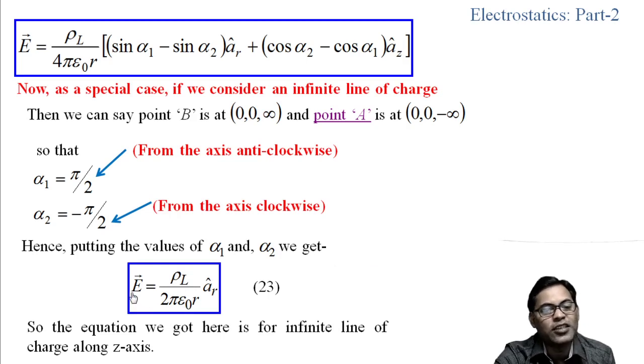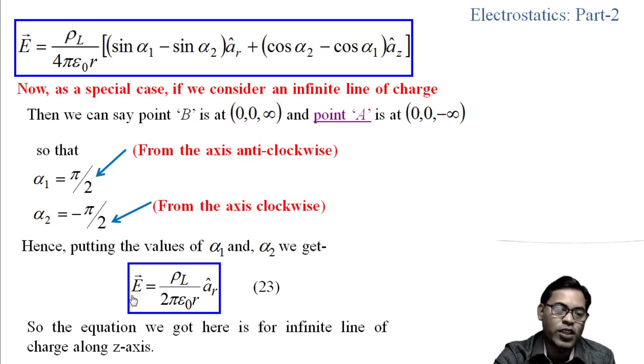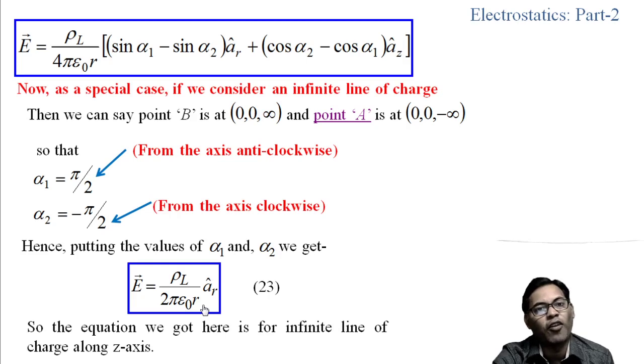So E is only dependent on the value of R, which is the perpendicular distance from the z axis to the point of our interest where we are going to find the electric field intensity. So it is a very important equation. From this equation, the information we get is that E is dependent on small r, not on the length of the infinite line present along the z axis.